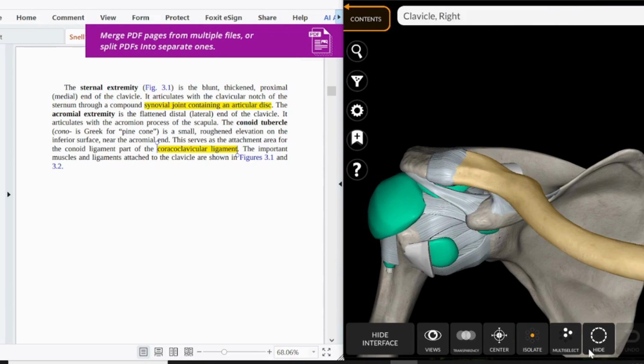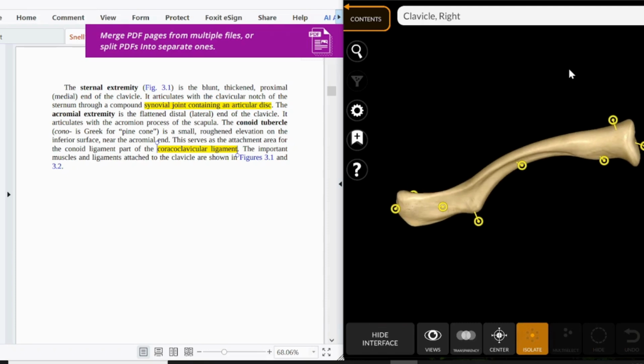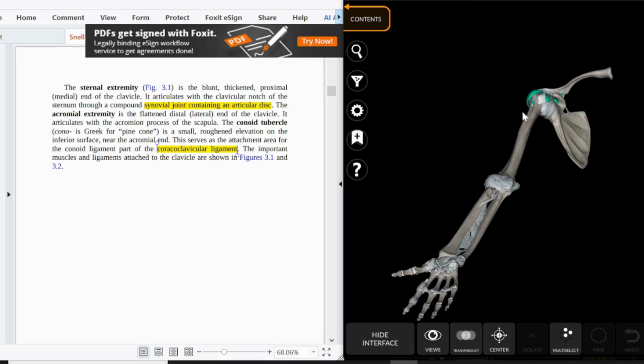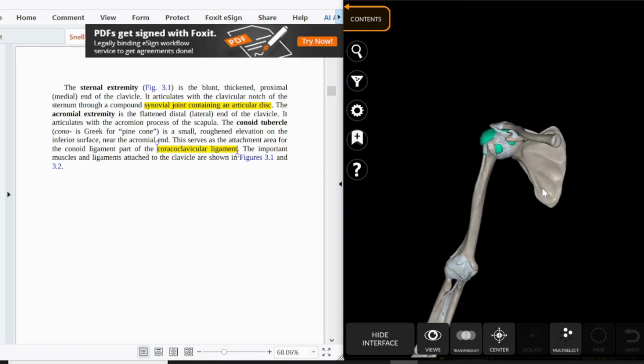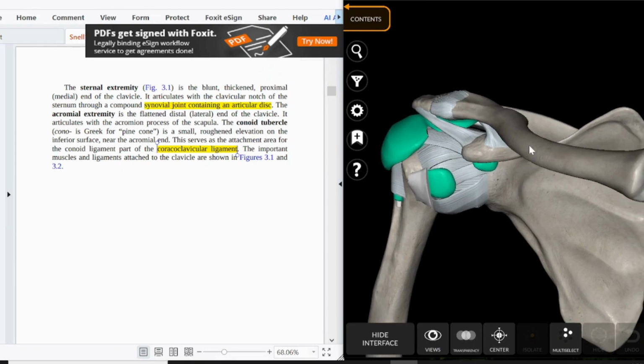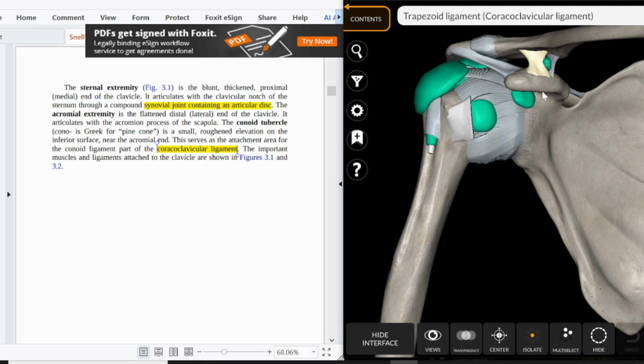If we isolate this bone on the inferior surface, there is a trapezoid line, the second attachment of the coracoclavicular ligament, which arises from the coracoid process and attaches over here.